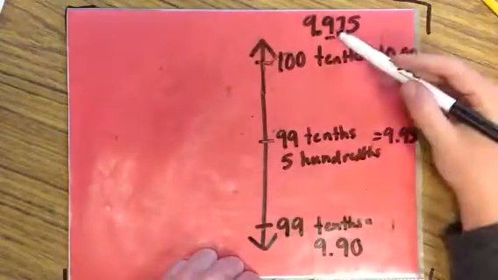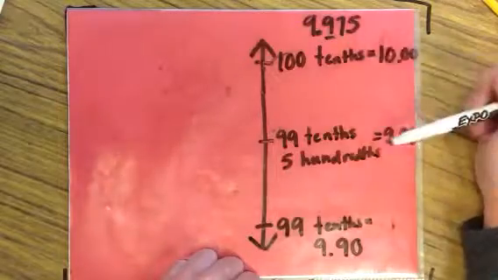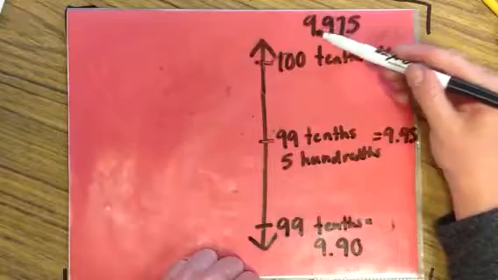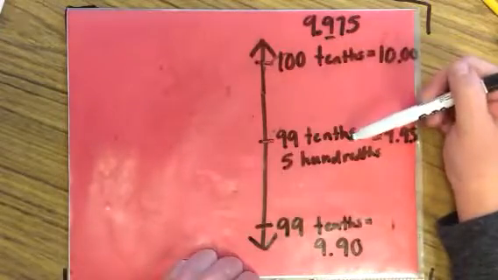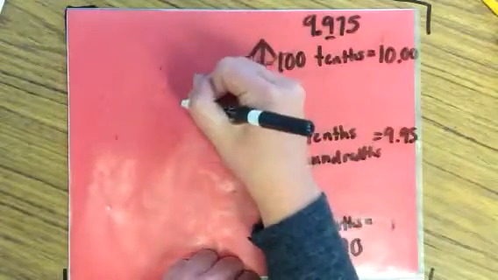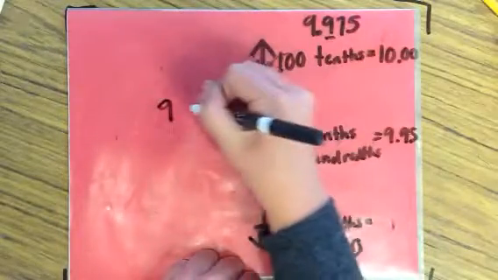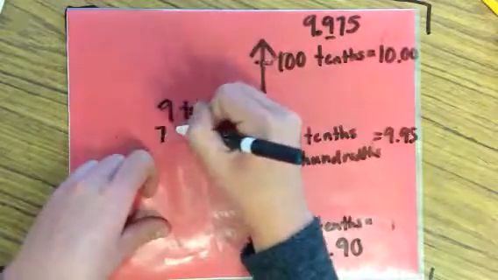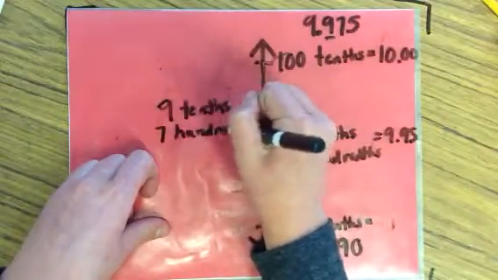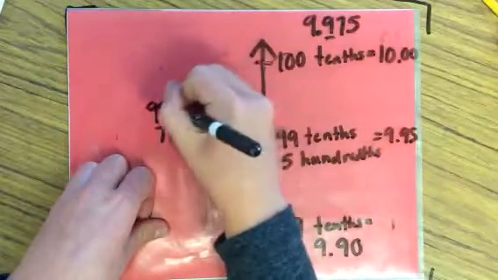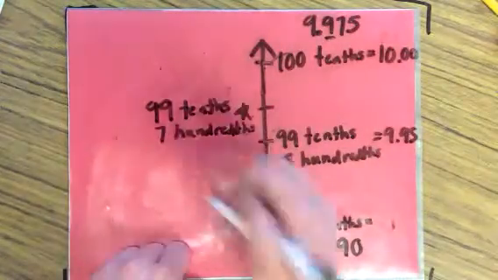Okay, now I just go back to my number. Do I have more hundredths than 95 or less? Up here I've got 9 and 97 hundredths, so it's going to be somewhere around here. I'm going to have 99 tenths and 7 hundredths.